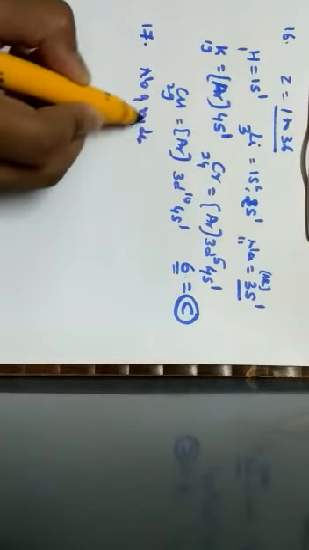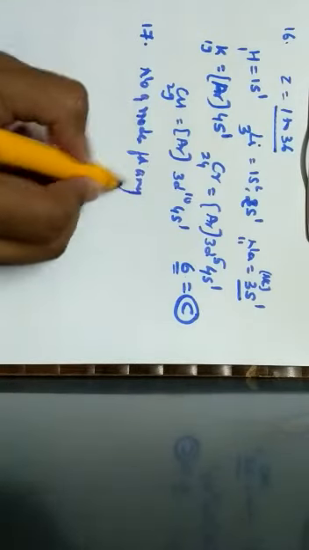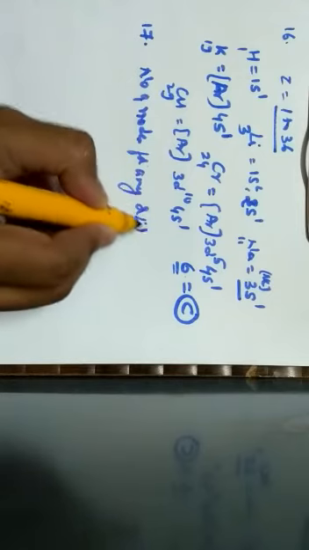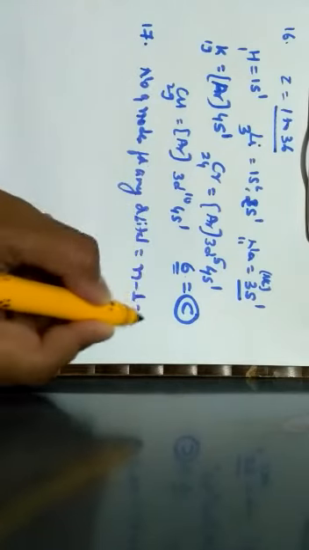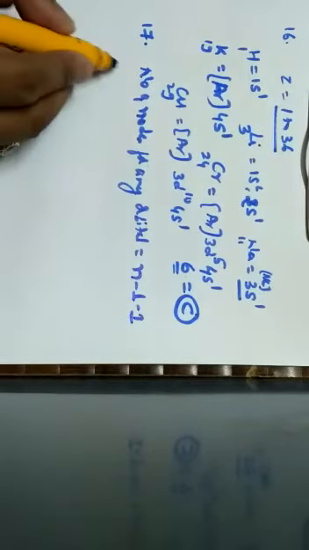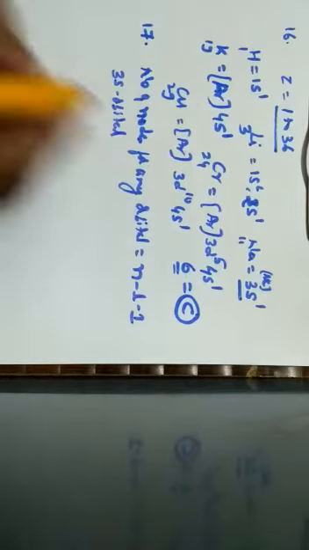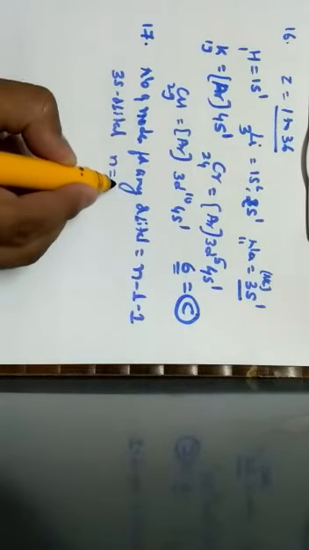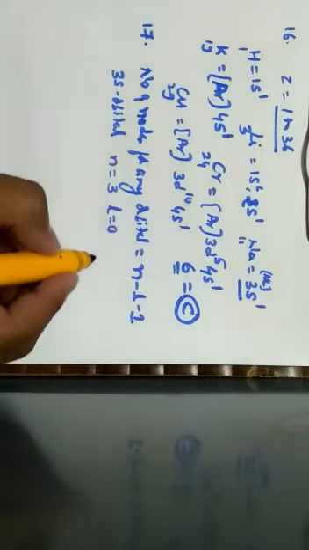the number of nodes is given by the formula. The number of nodes for any orbital is given by n minus l minus 1. It has been given as a 3s orbital. When it is a 3s orbital, the value of n is equal to 3 and the value of l is equal to 0.